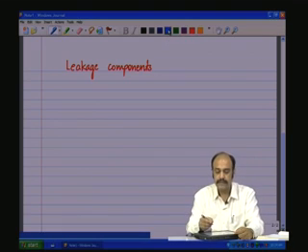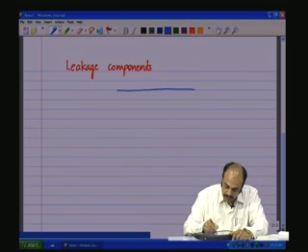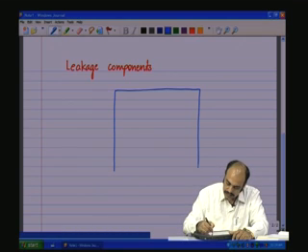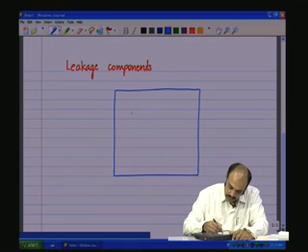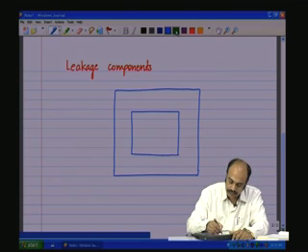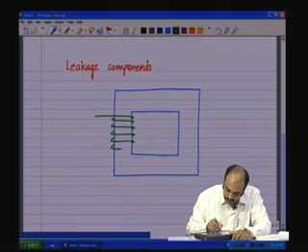So, to understand this, let us first take again an ideal transformer on our normal rectangular core. Let me show the rectangular core like that, and we have the primary windings as shown.